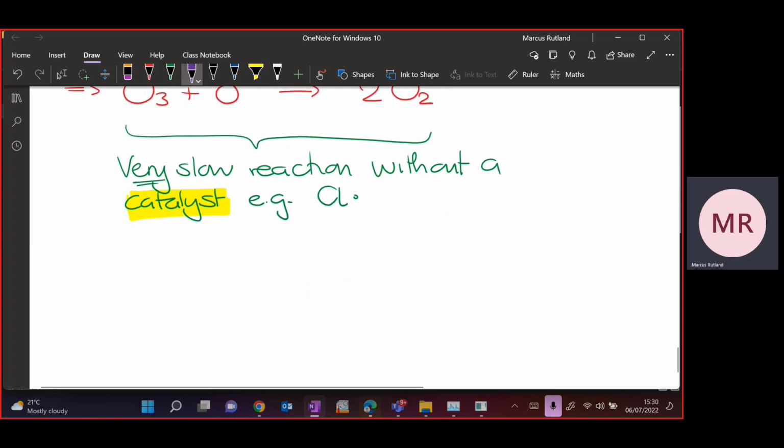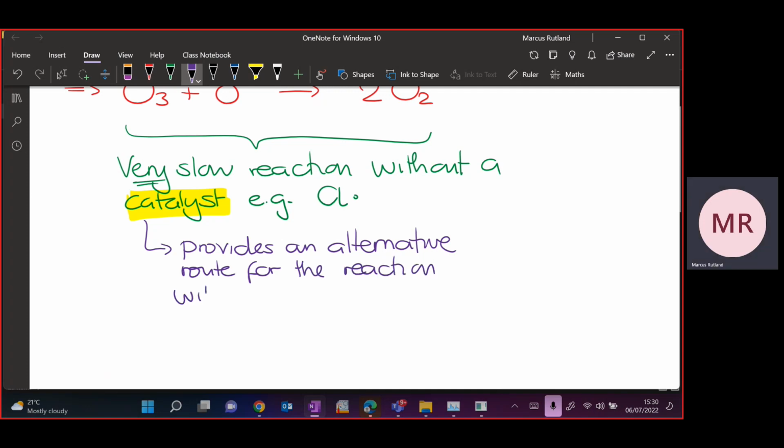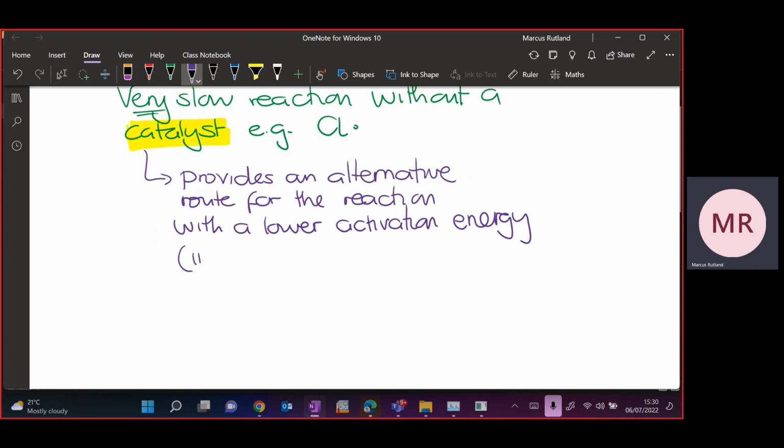And hopefully you've remembered that it provides an alternative route for the reaction with a lower activation energy, so increasing the rate without being used up.